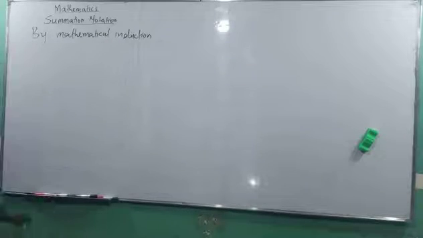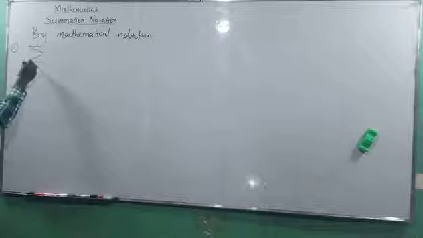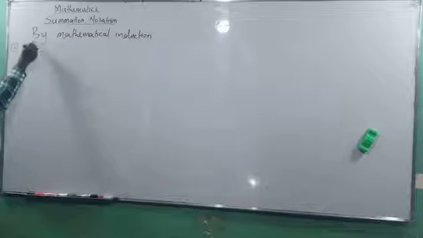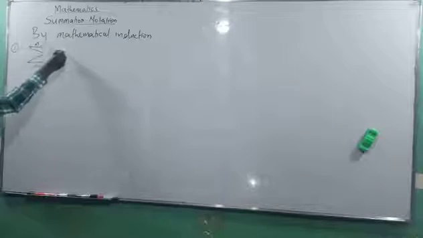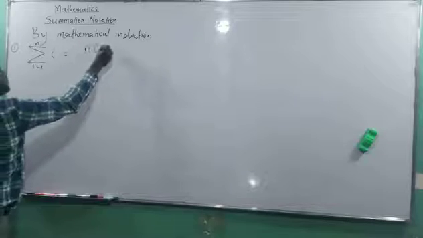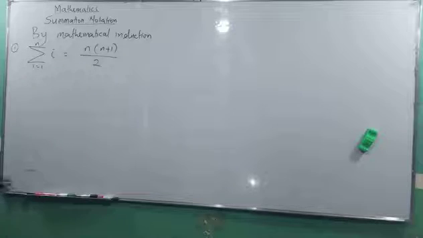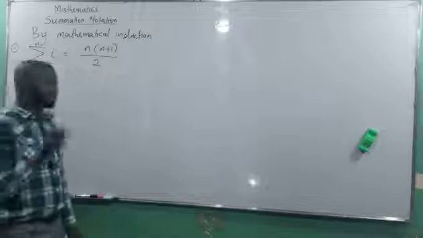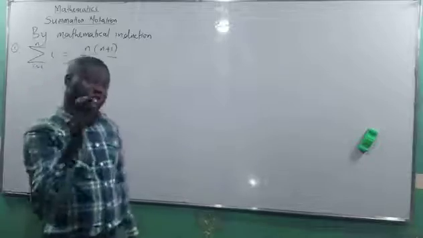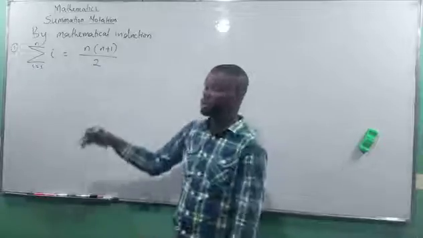By mathematical induction, note that number one, the summation from 1 to n of i always equals n times (n plus 1) divided by 2. I won't prove it at this junction. If you want to learn mathematical induction, there are videos on mathematical induction on our channel.